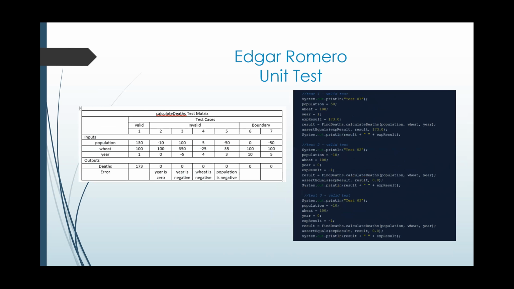All right, and the same case for me for this matrix test. It really helped me to identify what I was looking for, and it makes me think of the many scenarios that we have for invalid or valid information or data that we enter.